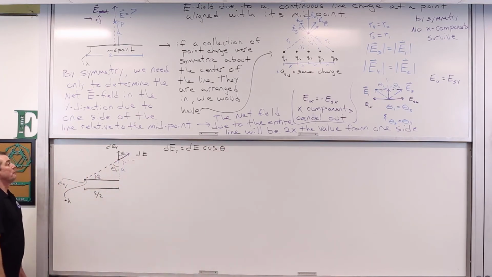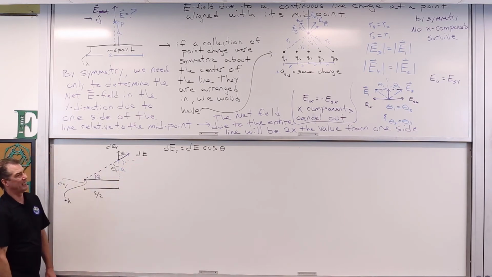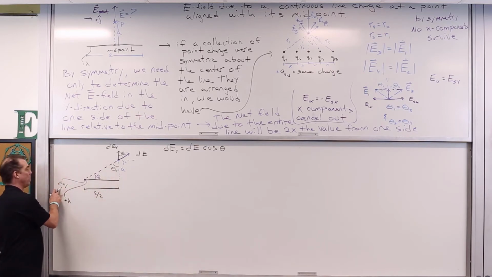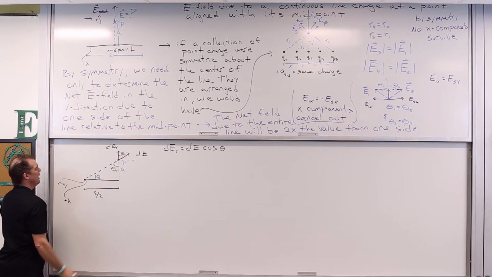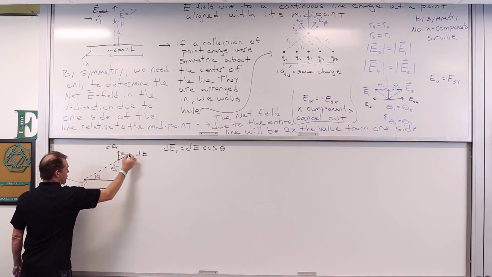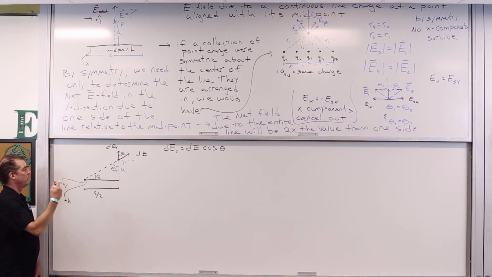And that is completely general, where dE is the magnitude, the infinitesimal element of the magnitude due to this infinitesimal point right here. So that might look a little bit odd, but just consider this is a point charge. That would be the electric field due to the point charge. If we want the electric field only in the y direction due to this portion, or this overall electric field, we take the magnitude of it, multiply it by the cosine of theta sub 0, and we've got it.